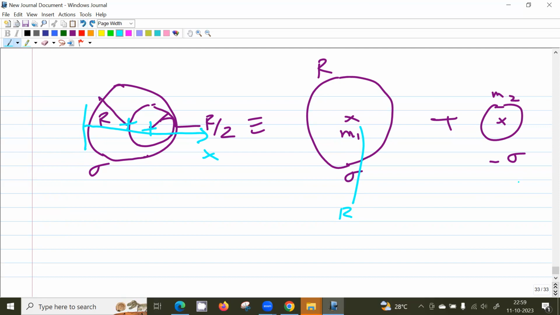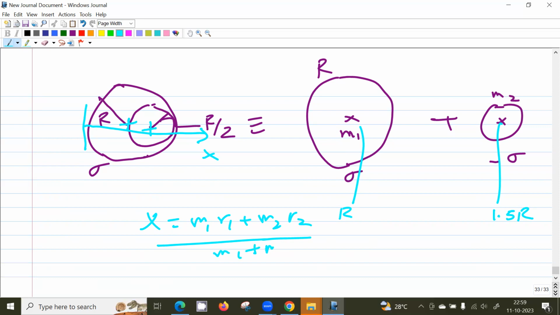And the center of mass of this one will be r plus r by 2, that is 1.5 r. Okay, so this M1 is at r and M2 is at 1.5 r. So the center of mass x is M1 r1 plus M2 r2 by M1 plus M2, this by definition.